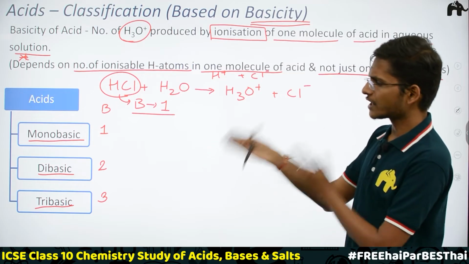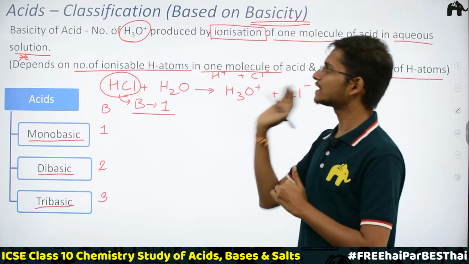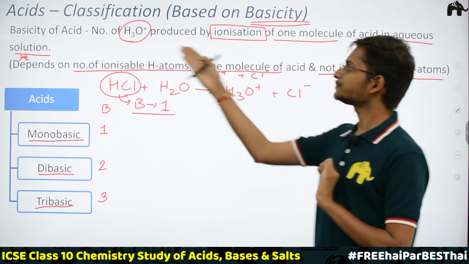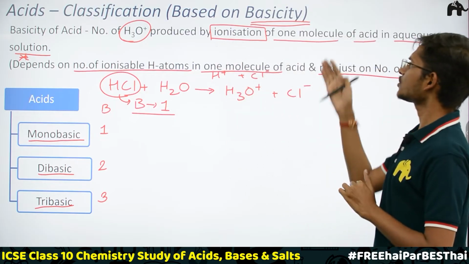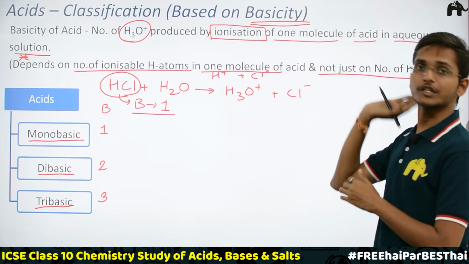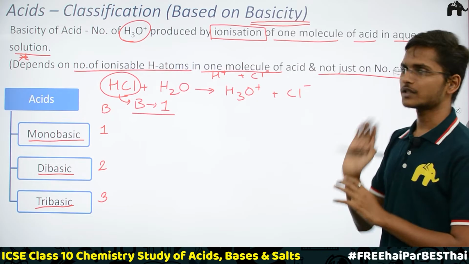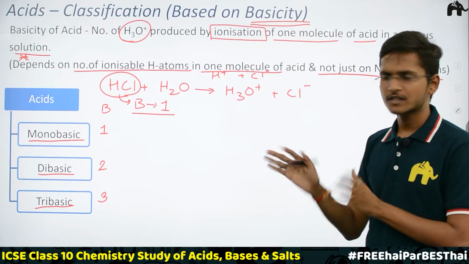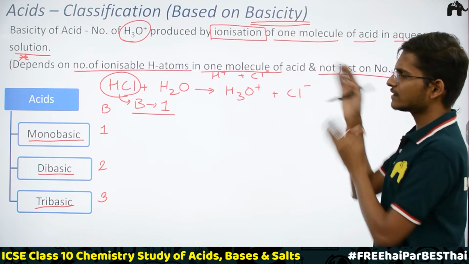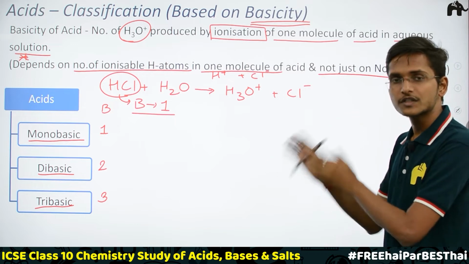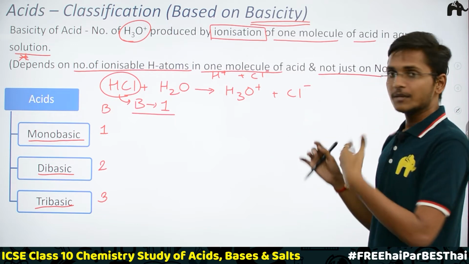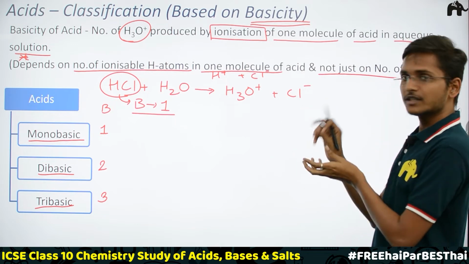And same goes with the tribasic acid, the acid which gives us 3 hydronium ions by the ionization of its one molecule in aqueous solution. So very simple definitions. You have to just remember the definition of basicity and then you can make the definitions for all these three types of acids. Now, important thing is we have to understand them with the help of examples.